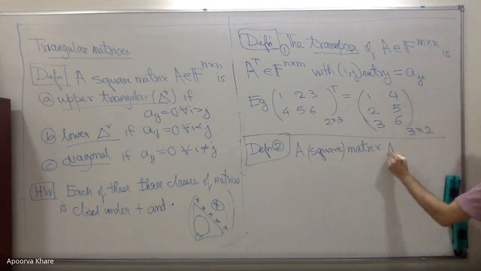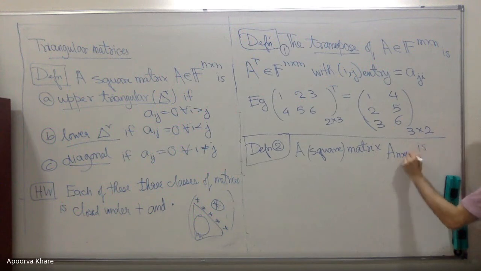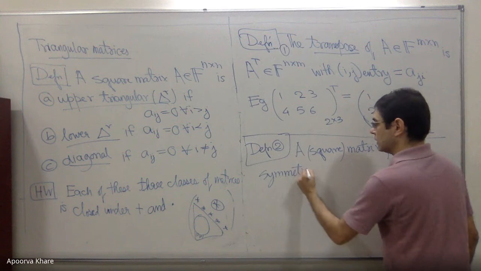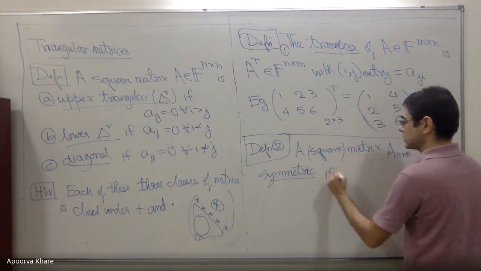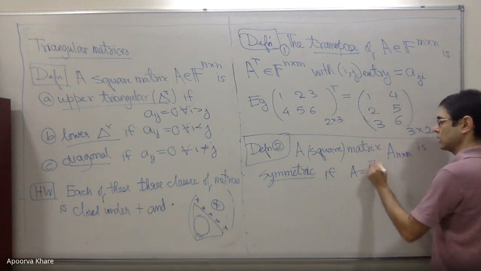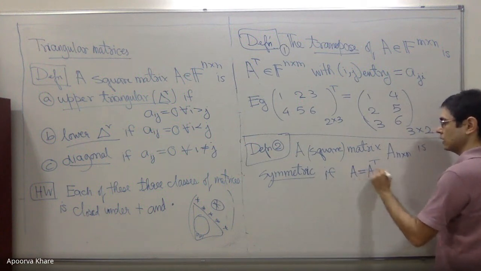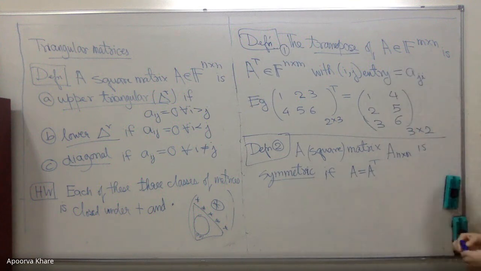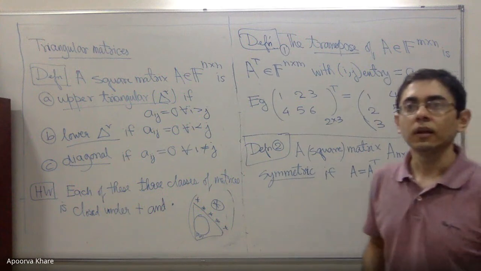A in F to the n cross n is symmetric if A equals A transpose. So if A equals A transpose, then the matrix is symmetric.